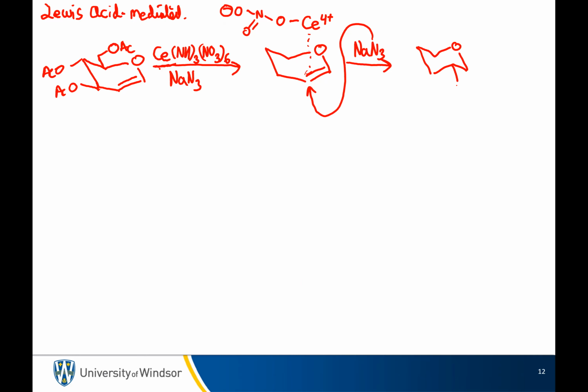And so we get azide at the down position. And then we have cerium, and I'm saying Ln on the cerium because I'm not saying how many other ligands are there. I don't know. I'd be lying if I drew anything defined.